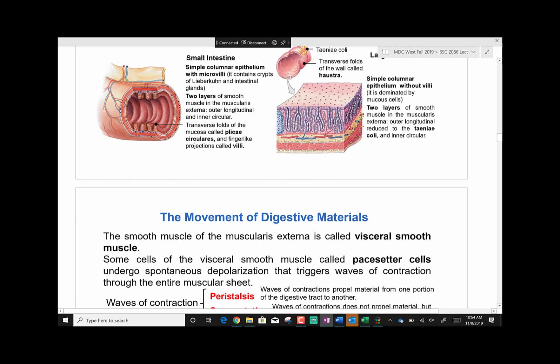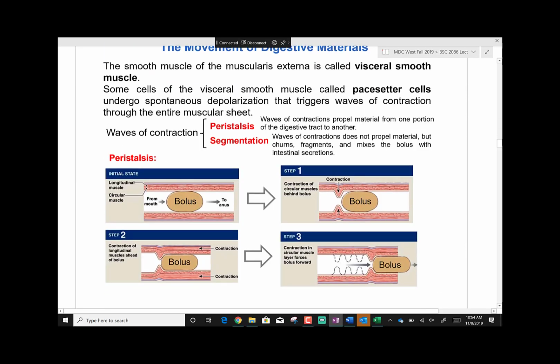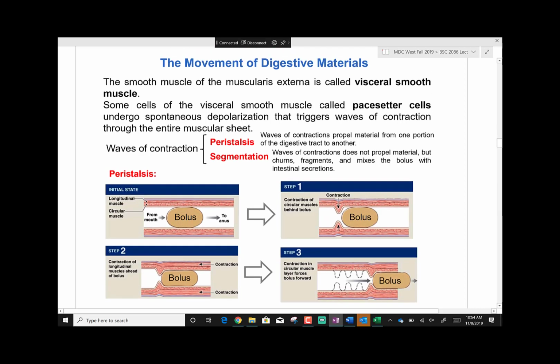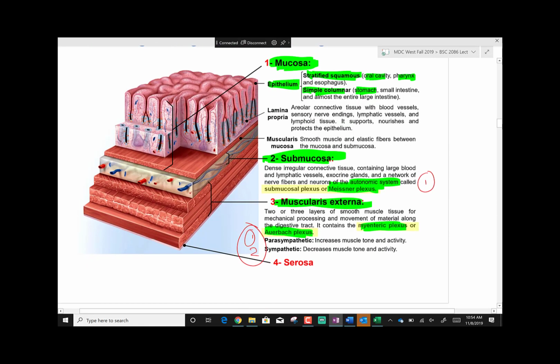All right, so we talked about the small intestine and the movement of ingested material. How do we move stuff around? We said that's done by something known as peristalsis, and peristalsis requires two things: the myenteric plexus, and what other? The submucosa, which has the submucosal plexus, correct?